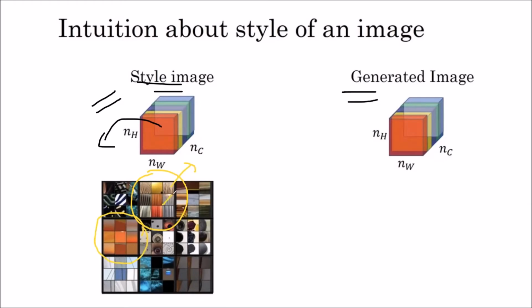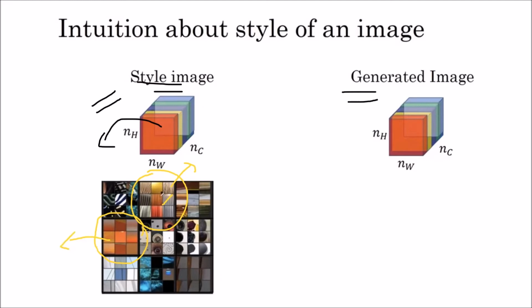The hidden neuron which is activating for the vertical strike marks is detecting those vertical strike marks, and this neuron is detecting the orange color.